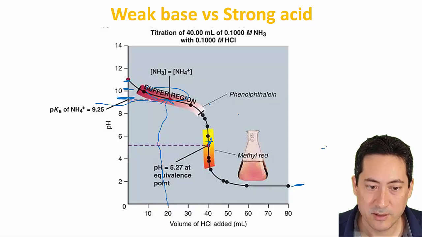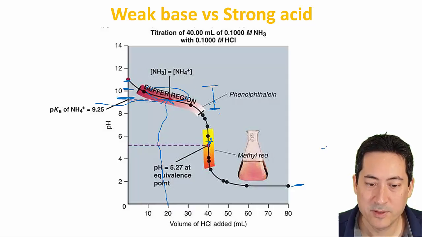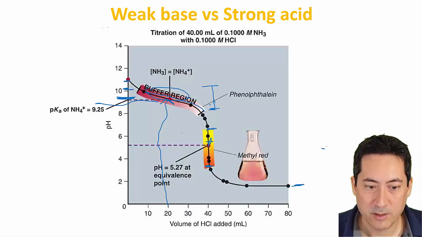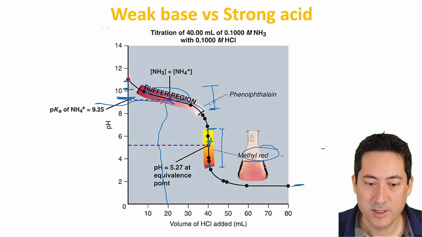And as you'll see, phenolphthalein detects pH changes from about 10 to 8 here from this graph. And as you see, it's nowhere near neutralized in that region. So we need methyl red in that case, because the pH jump at the equivalence point is only going to be detected at the pH range where methyl red changes its color.